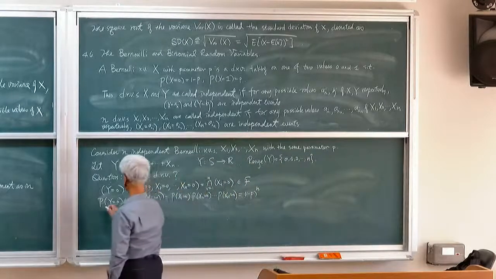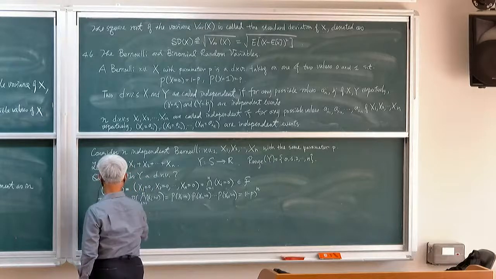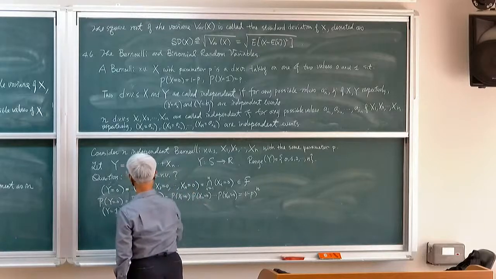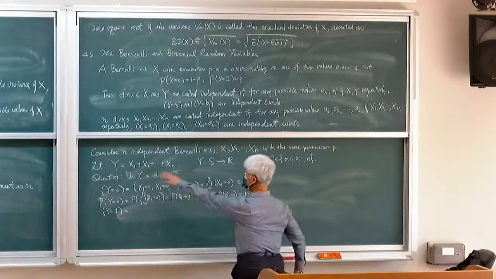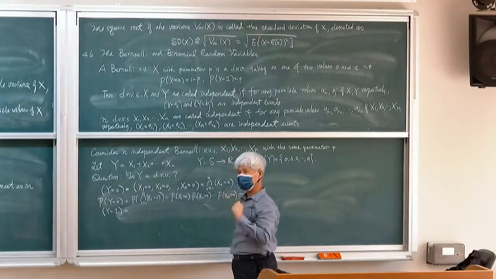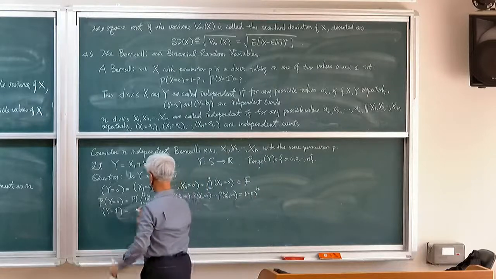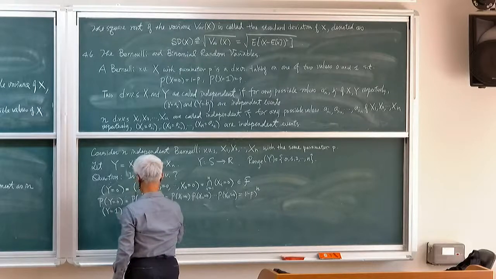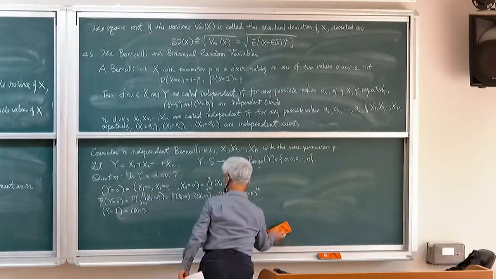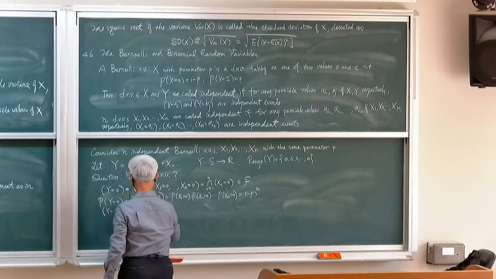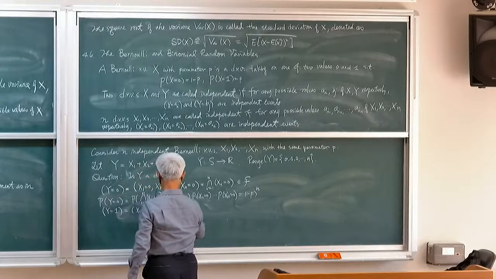Okay. How about y equal to 1? Y equal to 1 means that one of the xi is equal to 1, and the rest of the xi all have 0 values. So this is x1 equal to 1, x2 is 0, up to xn is 0.